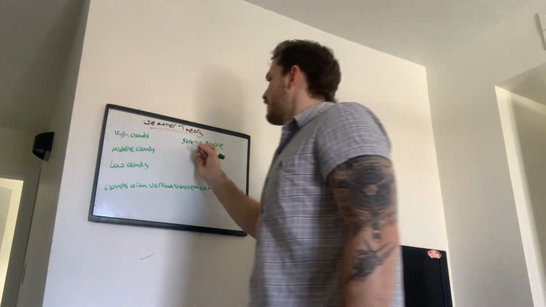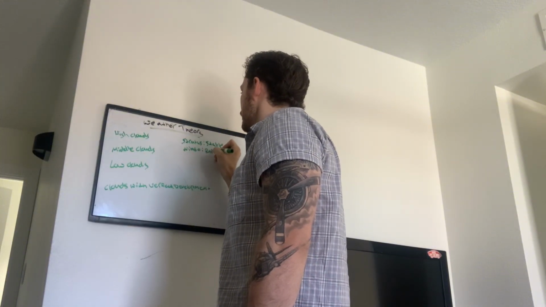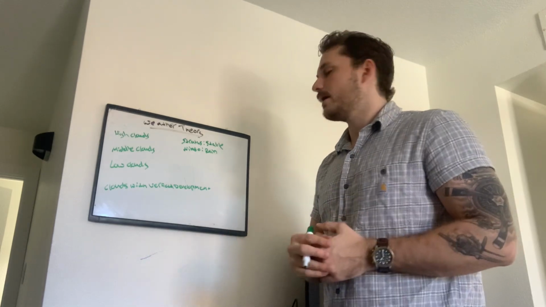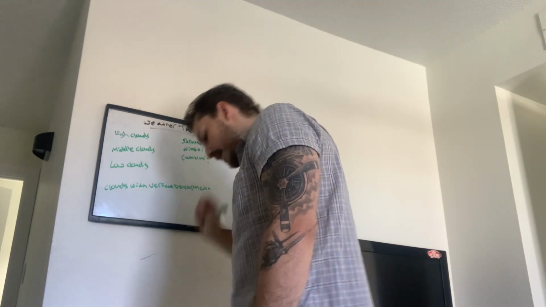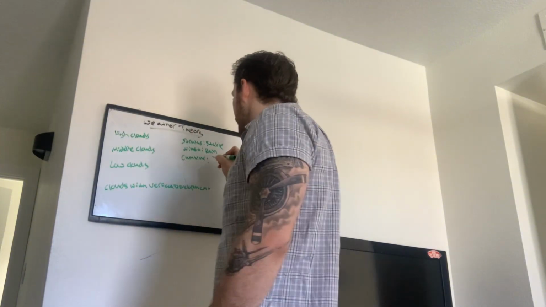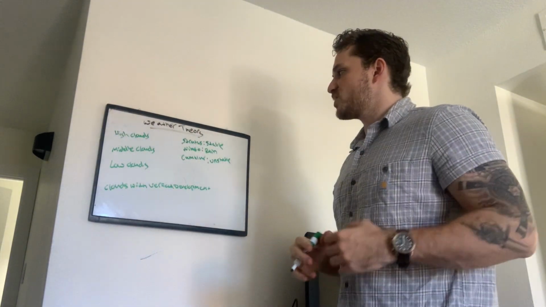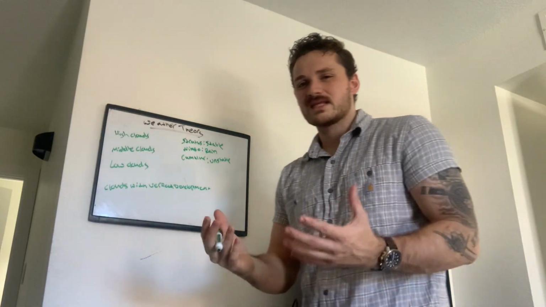Stratus, stable, and then we have nimbo, which means rain. Nimbostratus would be a rain cloud. And then we have cumulus, which I believe means unstable. So think thunderstorm activity.